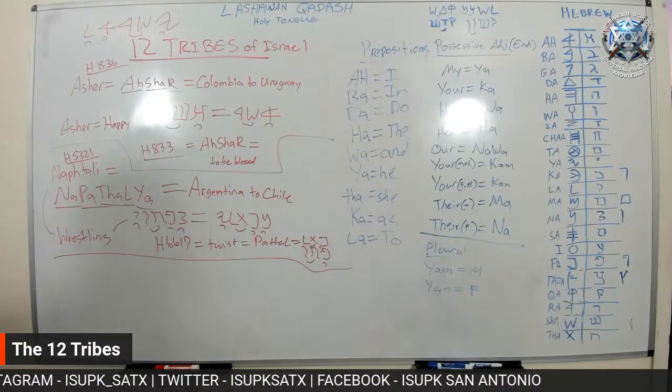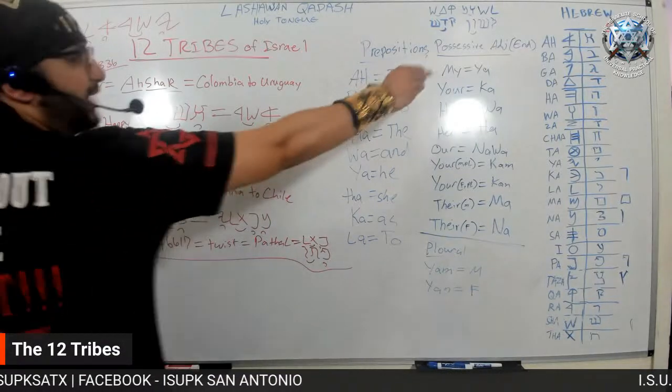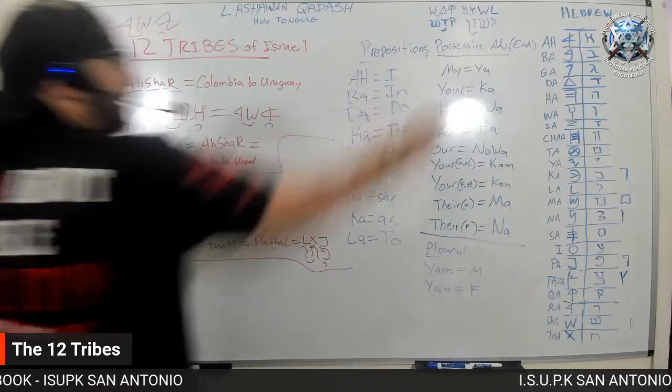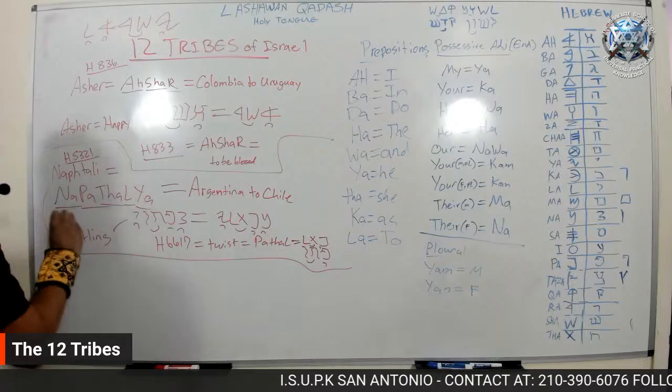But to finish up Naphtali, what is it that we see? The possessive adjective that we add to the end is Yah. And so the actual name of Naphtali means my wrestling.